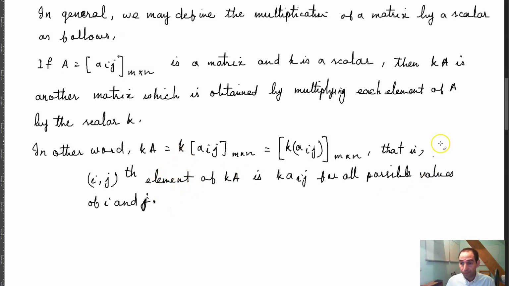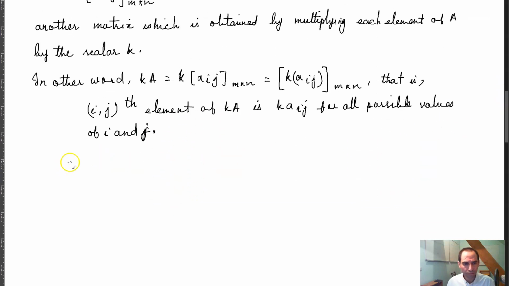As an example, let's say that you have a matrix like 3, 1, 1.5, square root of 5, 7, negative 3, 2, 0, 5.